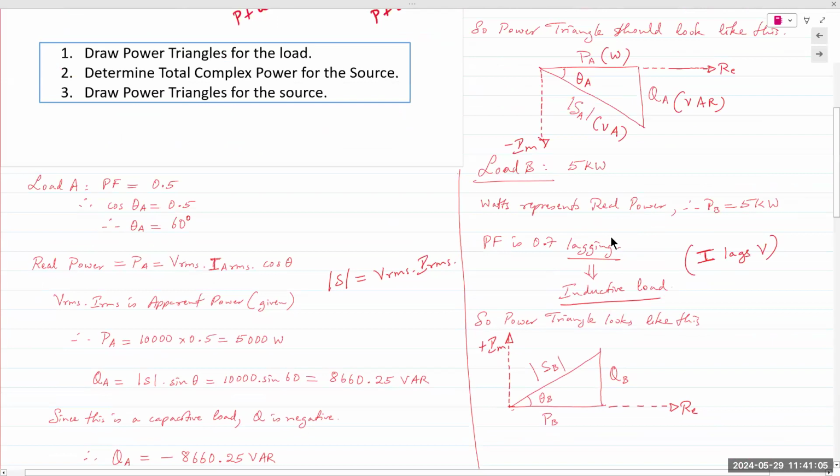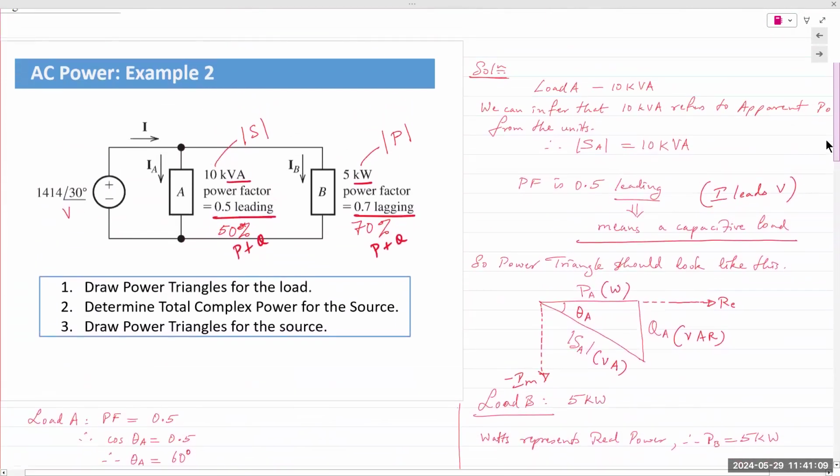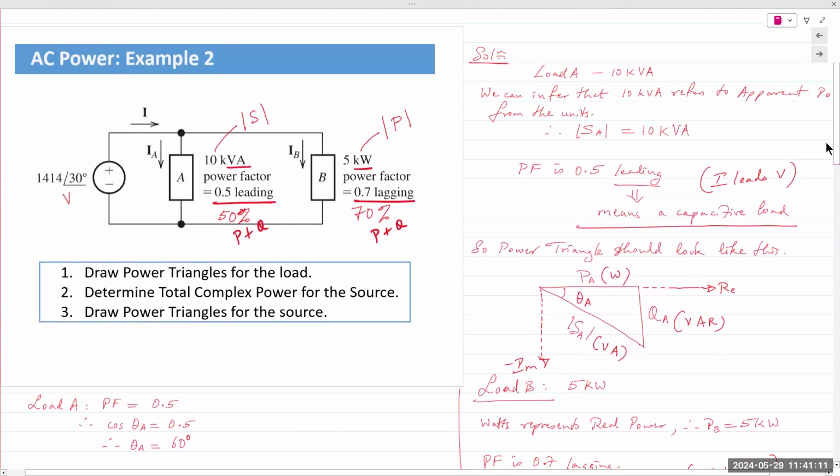That's the second inference. Okay. Element A has an overall capacitive load. Element B is overall inductive.